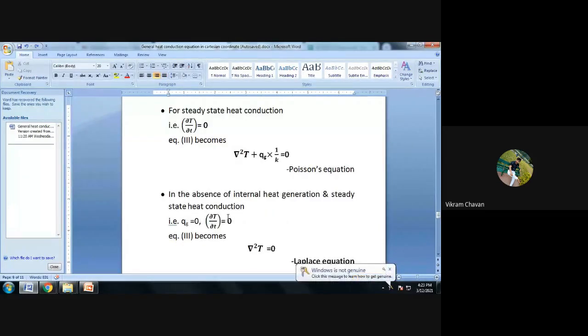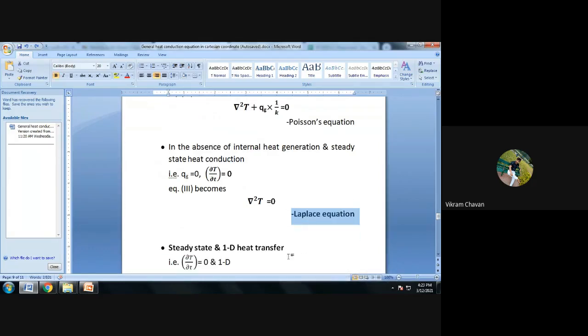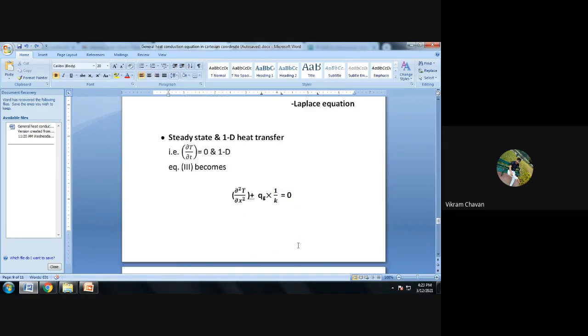If both cases apply, that is no internal heat generation and steady state, we get the Laplace equation. Then for one dimensional steady state, the y and z coordinates are removed and only the x coordinate is considered. If you want to consider the y or z coordinate, the equation will be modified as per your consideration.